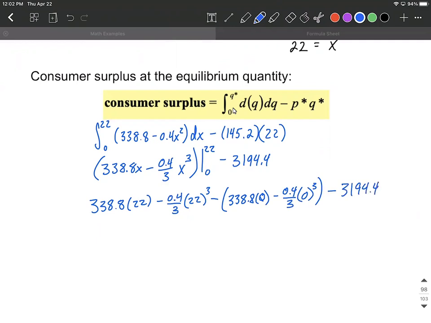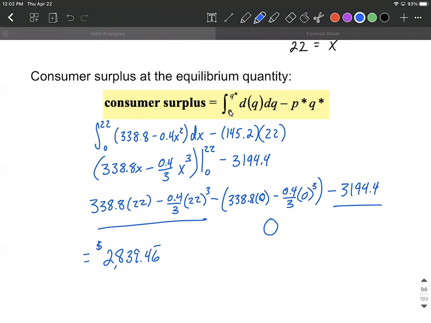Now, when we plugged in the 0, 0 times anything is 0, so all of that turns out being 0. So really we just have to worry about this computation minus 3194.4. And this works out to be 2,839.46 repeating dollars, which would be our consumer surplus on this problem.